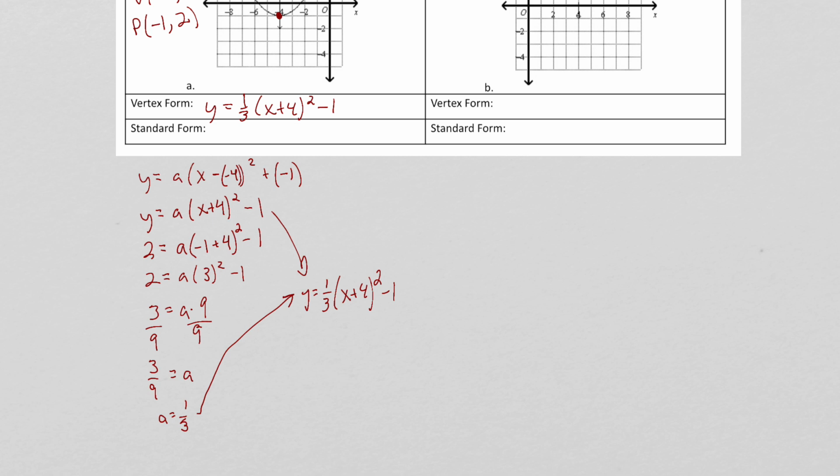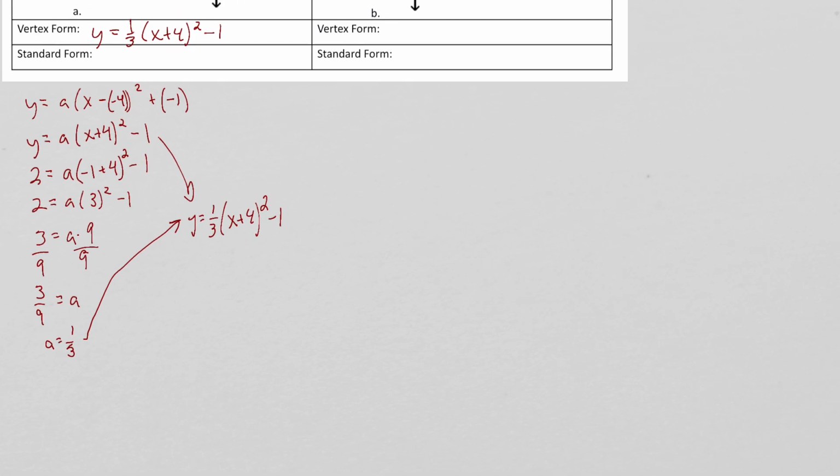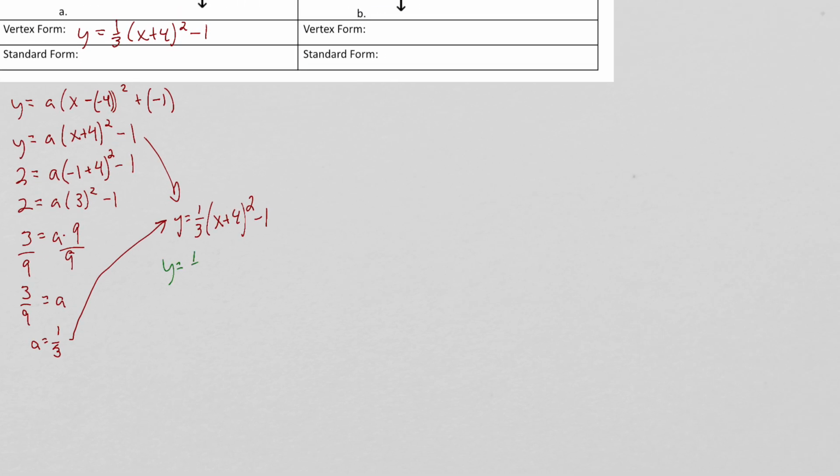Now, to find the standard form, I just need to FOIL and write this out a little bit differently. So I will change colors, and I'm going to write y equals 1/3 times (x plus 4) times (x plus 4), because that's what (x plus 4) squared is, and then -1. That gives me 1/3 times (x squared, if I FOIL it, plus 8x plus 16), and then minus my 1.